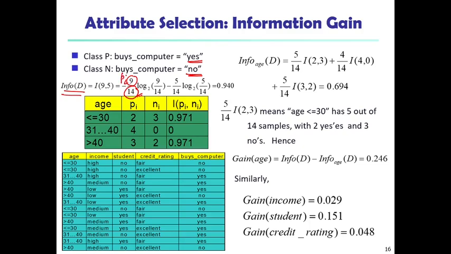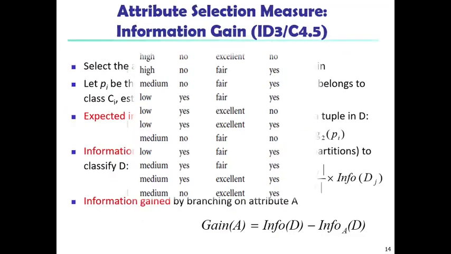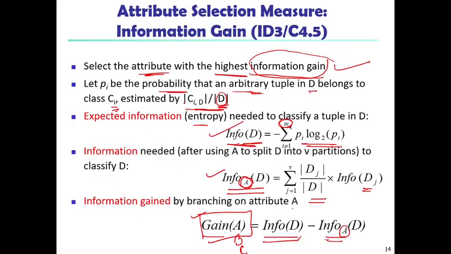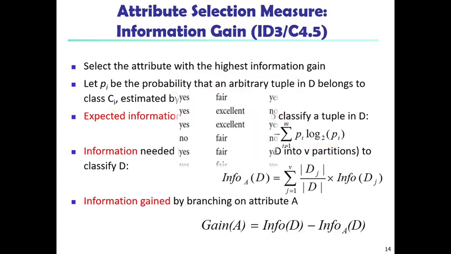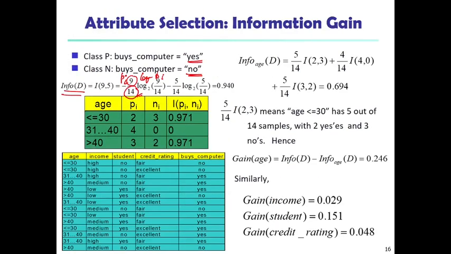Pi log pi, students. Pi is nothing but this, the count of Ci,D by D, where D is the total number of instances, which is 14, and for positive examples it is 9, so 9 by 14.